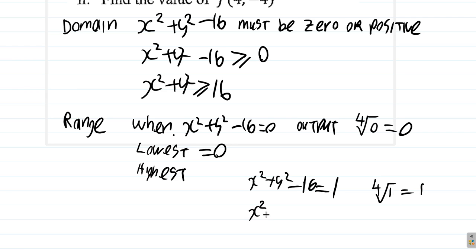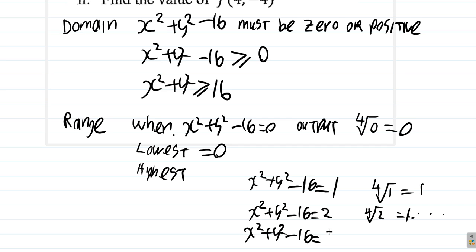If x squared plus y squared minus 16 equals 2, then you have the fourth root of 2, 1 point something. If it equals 81, the fourth root of 81 is 3, and so on.